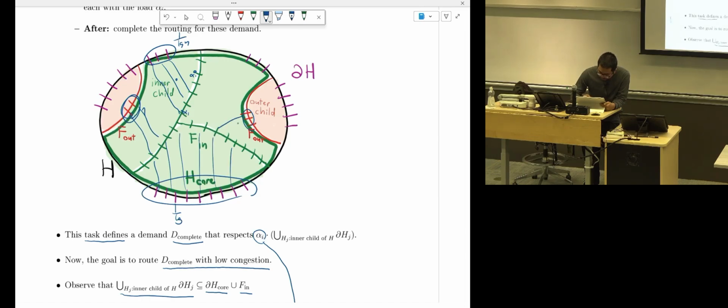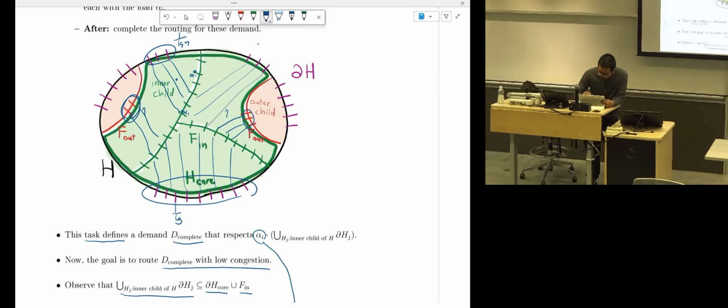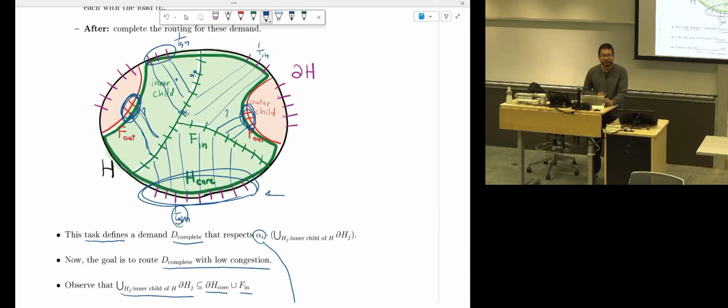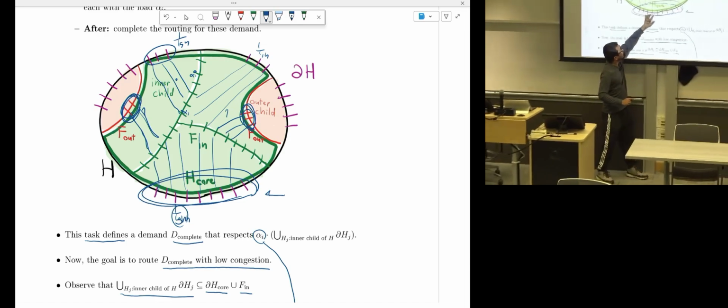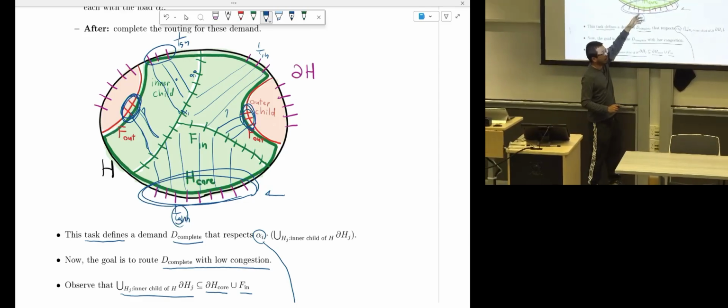This guy can send one, and this is again 1 over log. So the part from F out here can send one flow to F in. The boundary of H can send 1 over log flow. Are we good here? The purple edges can send 1 over log flow to F in. The red one can send one unit of flow to F in.